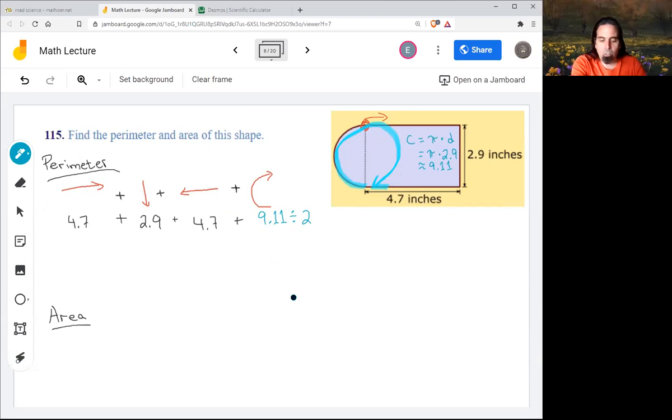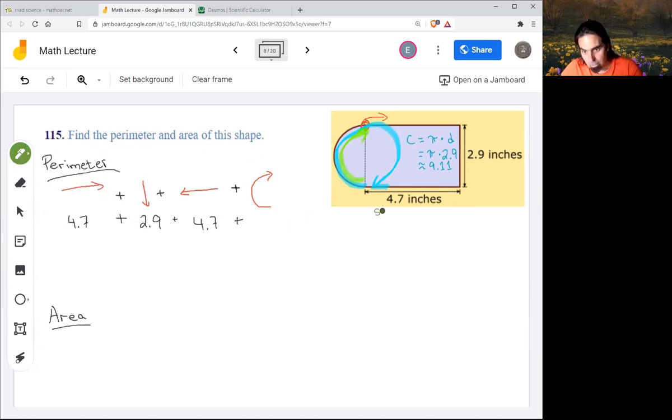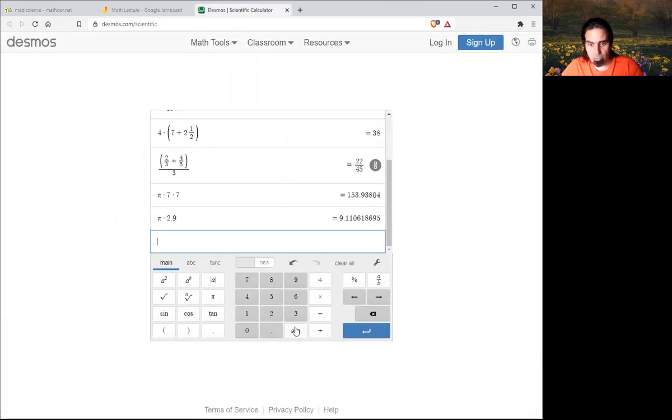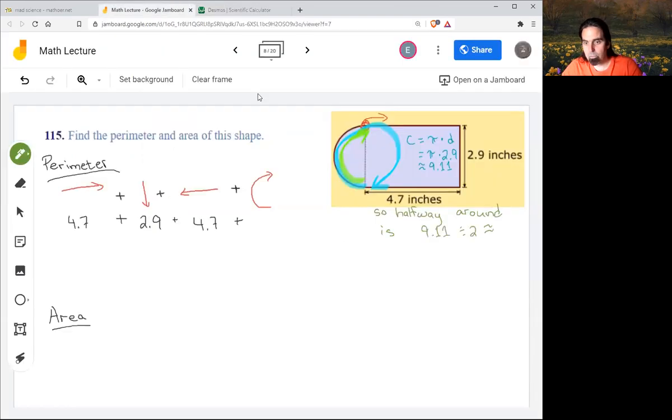I would actually myself not want to write it like that. I would say something like, so halfway around is 9.11 divided by 2, which is about, and then on here, previous answer divided by 2, 4.55, 4.56, something like that.